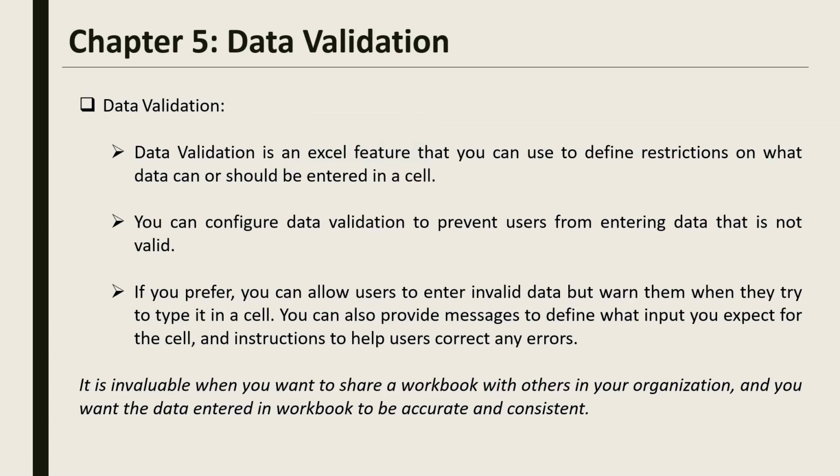You can also allow the user to enter the data, but a message will pop up whenever the user enters incorrect data. It is a very invaluable feature in Excel, and by sharing this data within the organization or with other departments or organizations, standardization of the data can be achieved.